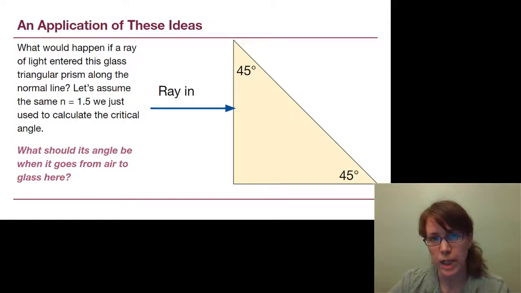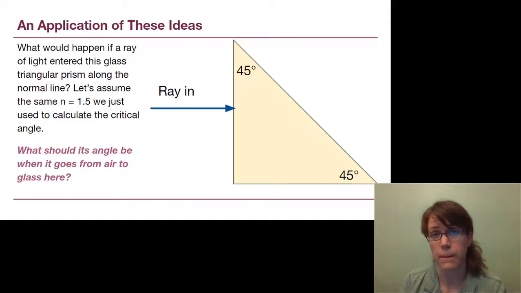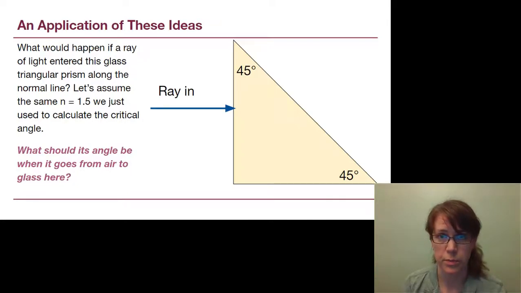So one application of these ideas has to do with this nice, simple triangular prism. Now, the next couple of slides are pretty much all based on critical thinking of these concepts, and we're not trying to just default to plugging in numbers.